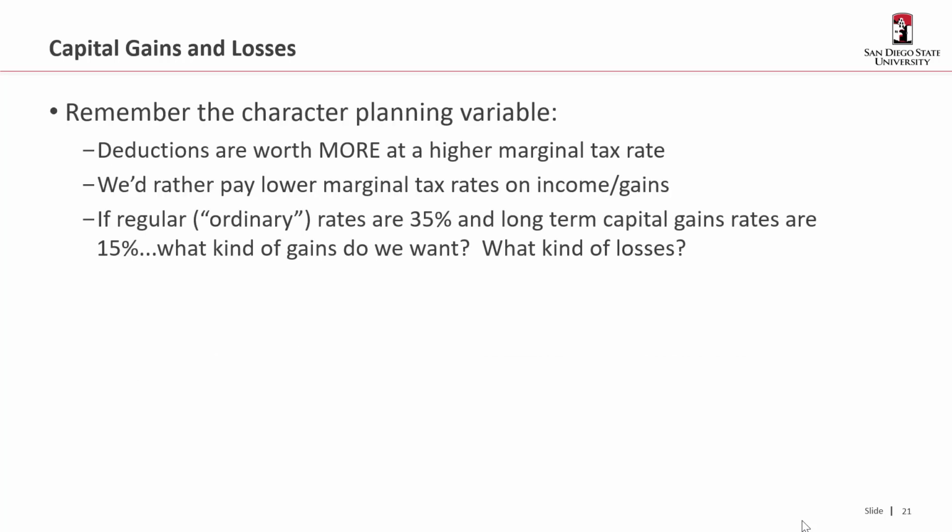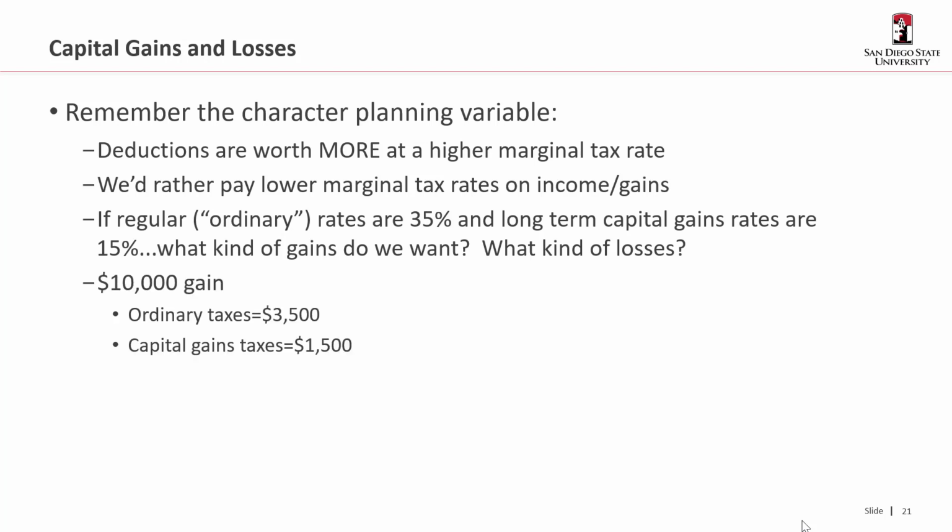So remember our character planning variable, and we should recall that deductions are worth more at a higher marginal tax rate, and that we'd rather pay lower marginal tax rates on our income and gains. So if regular or ordinary rates are 35% and our long-term capital gain rate is 15%, what kind of gains would we prefer and what kind of losses would we prefer?